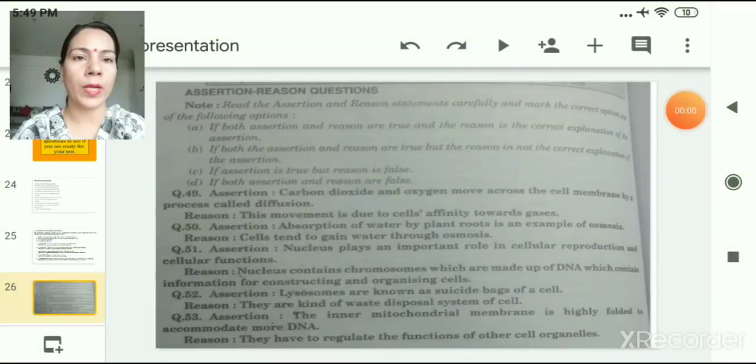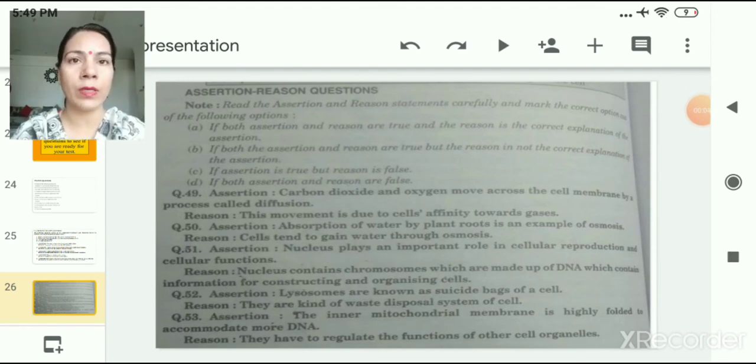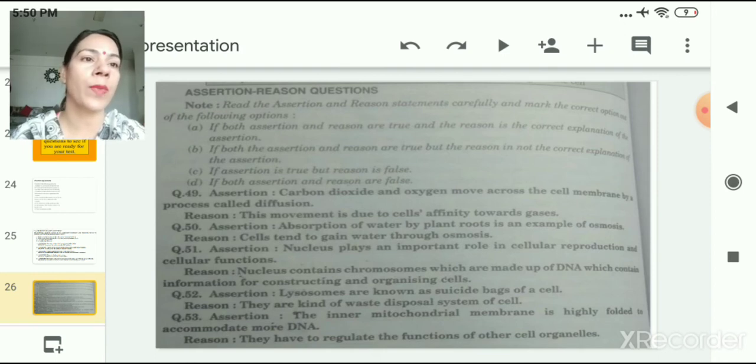There are a few more examples of assertion and reasoning types of questions given here. You need to practice these questions at home, and such type of questions will be included in your periodic test. So the first question's assertion given here is carbon dioxide and oxygen move across the cell membrane by a process called diffusion.